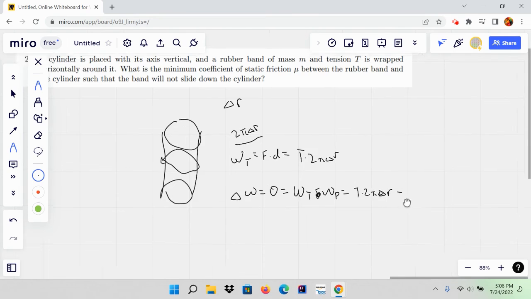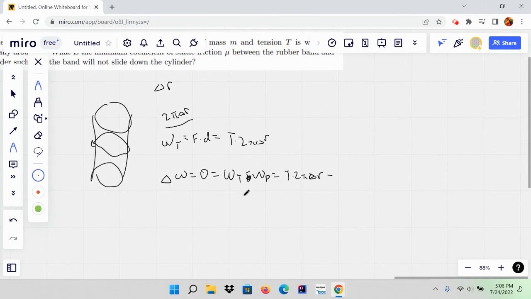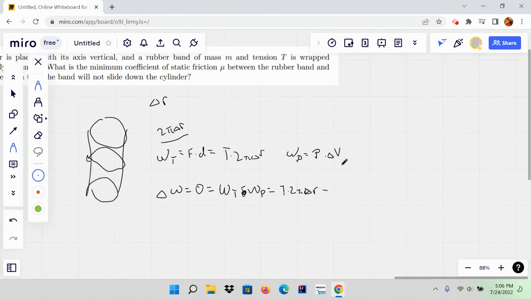So the work done by pressure is equal to P times the change in the volume. Let's just say that this rubber band has some area A, like this area around it is area A. Then it's going to be P times A times delta r, right?